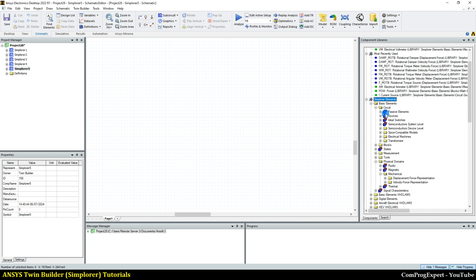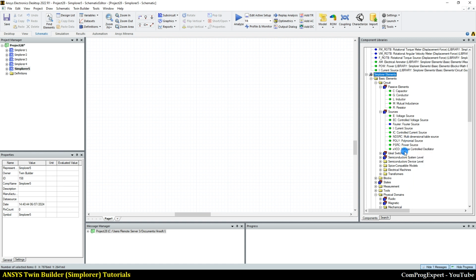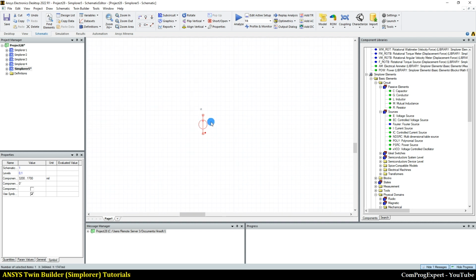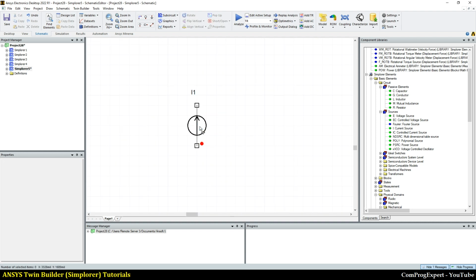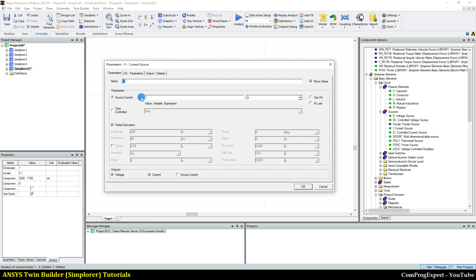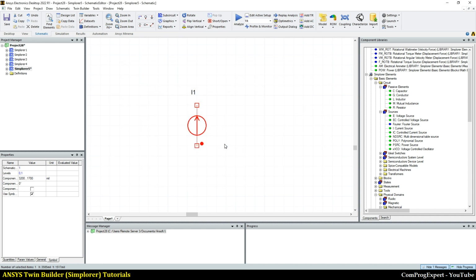So here, let me show you this. I pick this current source. You can see the direction of the current in this current source here. Its value is equal to 1 amp. The current enters into this element from this dot point.